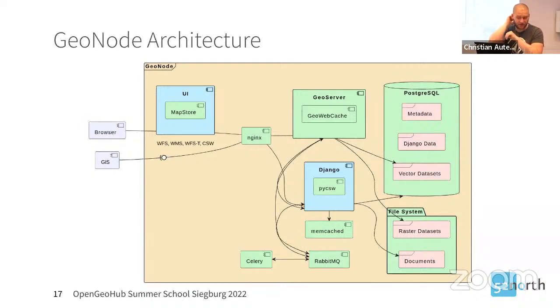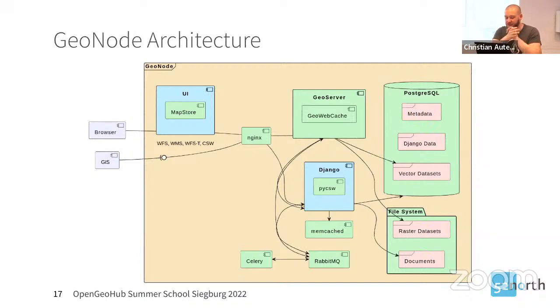MapStore is also an OSGeo project, and you can deploy it separately, but it's also baked into the UI of this Django application. And besides that, it uses GeoServer, also an OSGeo project, and also basically maintained by the same maintainers. GeoServer is a data server, and all this functionality that GeoServer offers is integrated into this whole concept.